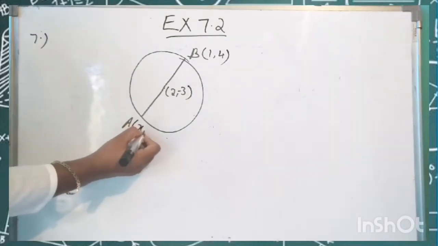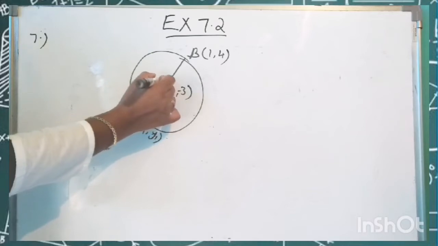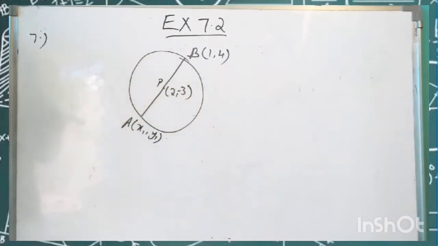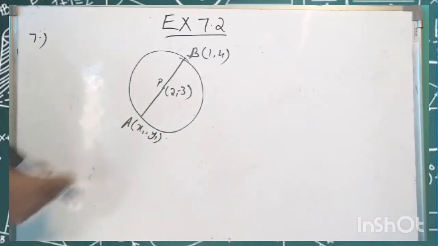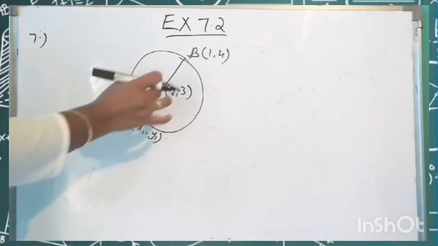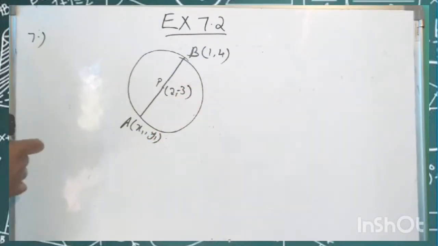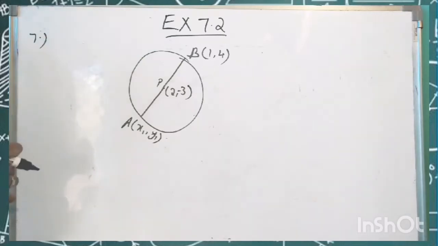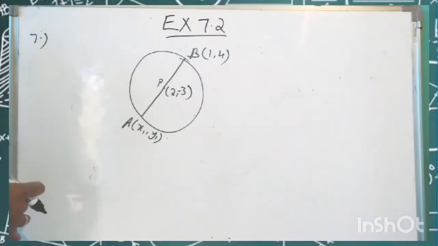Let it be the ordered pair (x1, y1), and I am going to consider the center as P. We know that if AB is the diameter, then P is the midpoint. In general, the center of a circle is always the midpoint of the diameter.